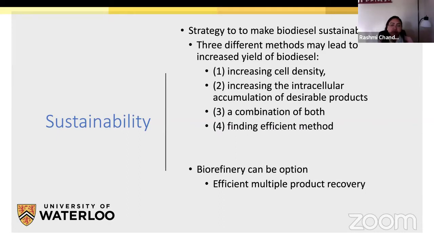And fourth, I will say, is to find a method which is very helpful for extraction of these products. These methods should be eco-friendly in terms of what solvents we are going to use.